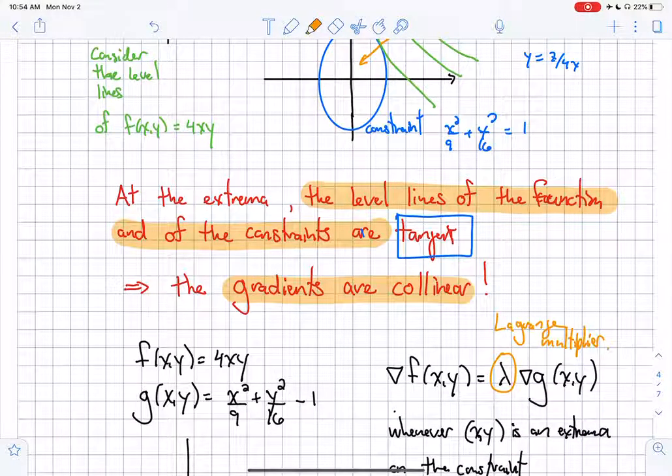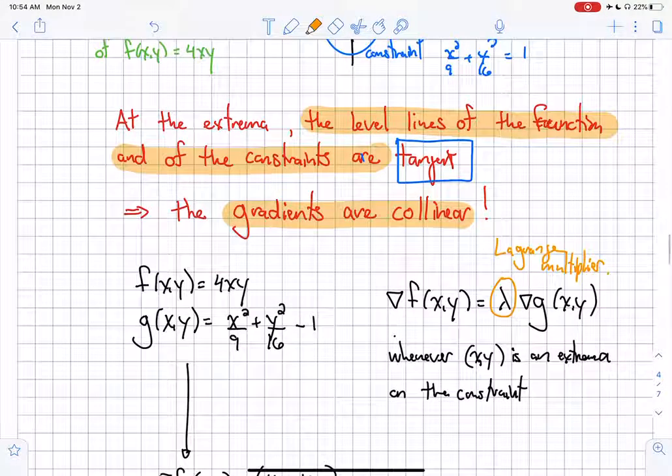Now, that's geometrically; mathematically, how does that translate? That means the gradient of f, where f is my function, is equal to a multiple, which I write lambda, a parameter called the Lagrange multiplier, of the gradient of g, where g is the equation of the constraint. That's the main idea that you have to remember.